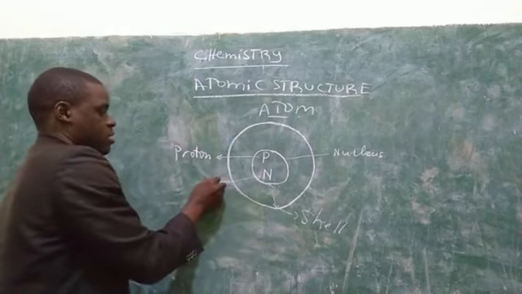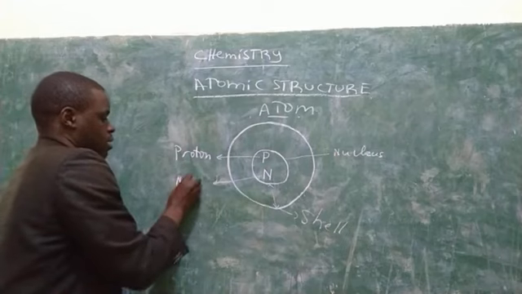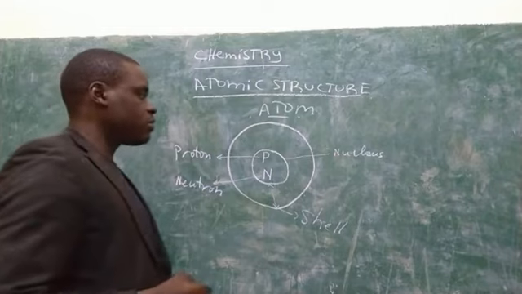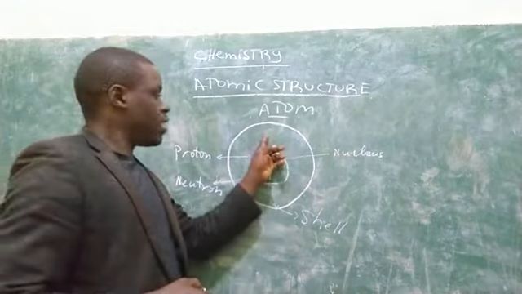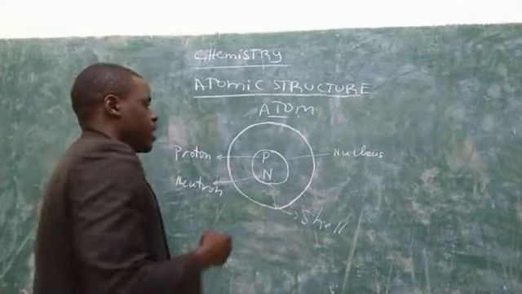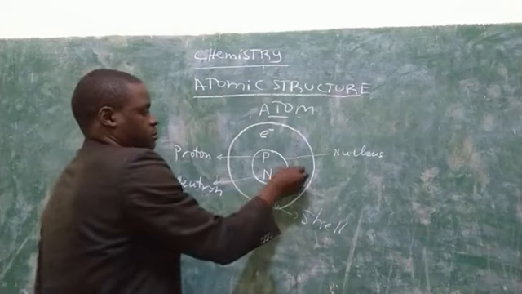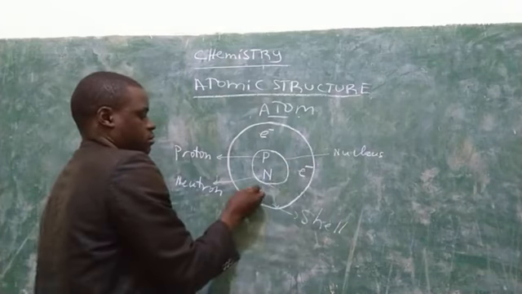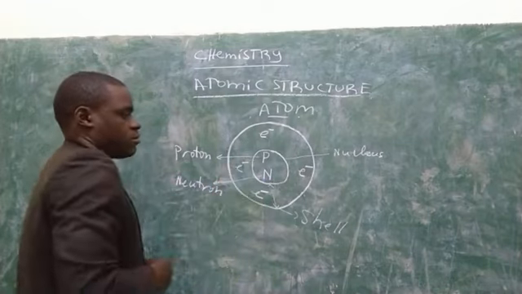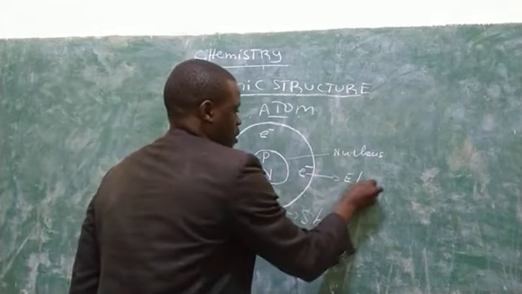This is the neutron. And then here in a part of the shell, there are electrons. We call them electrons.